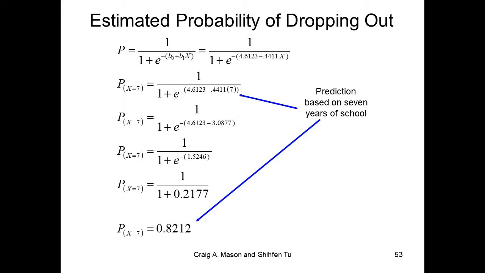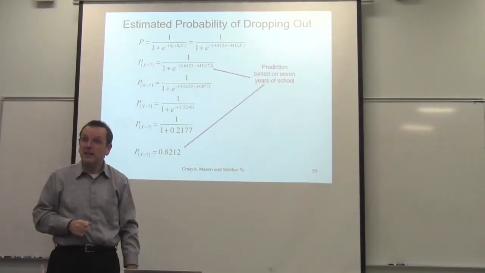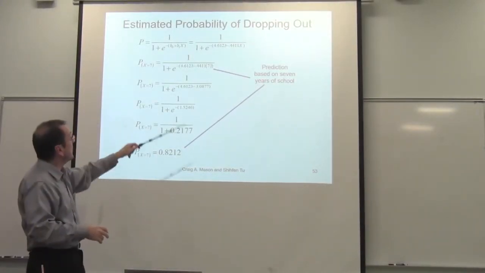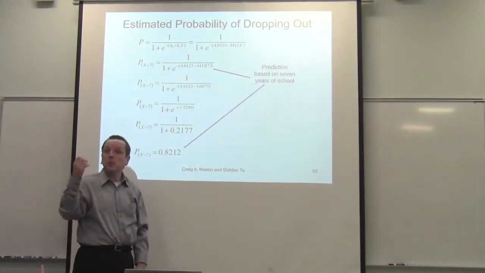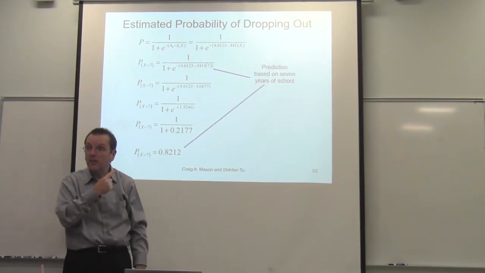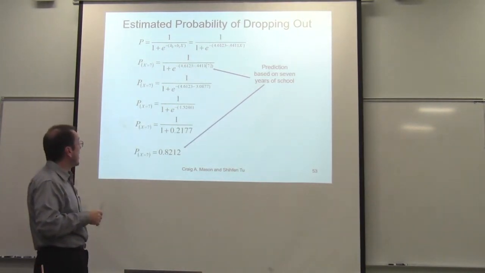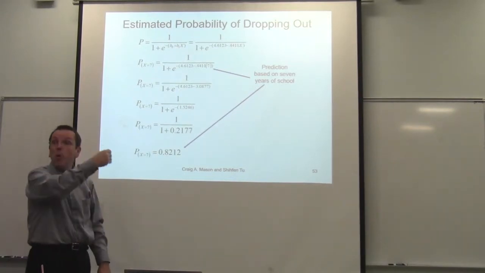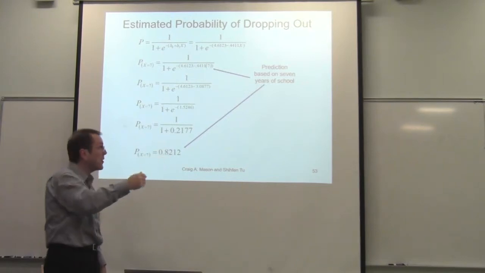Instead of just talking about the odds ratio, we can actually say, what if a kid is in a specific grade? Let's say someone is in 7th grade. What would I predict is the probability that they'll drop out, that there'll be a 1? Remember, that's what we're predicting, the probability there'll be a 1 or drop out.